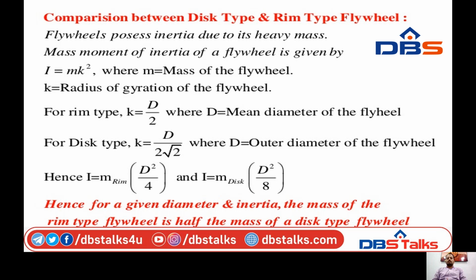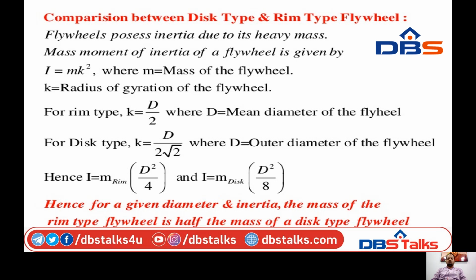And this is the comparison between disk type and ring type flywheel. For what purpose we go for disk type and for what purpose we go for ring type flywheel: flywheels possess inertia due to their heavy mass.